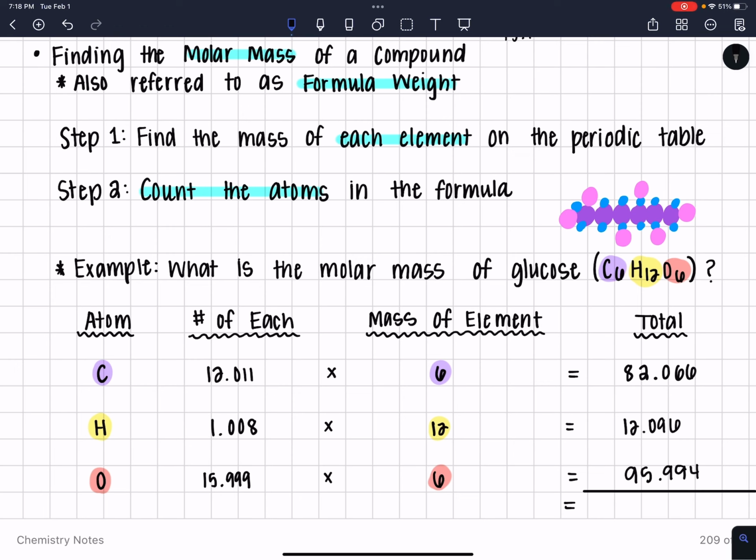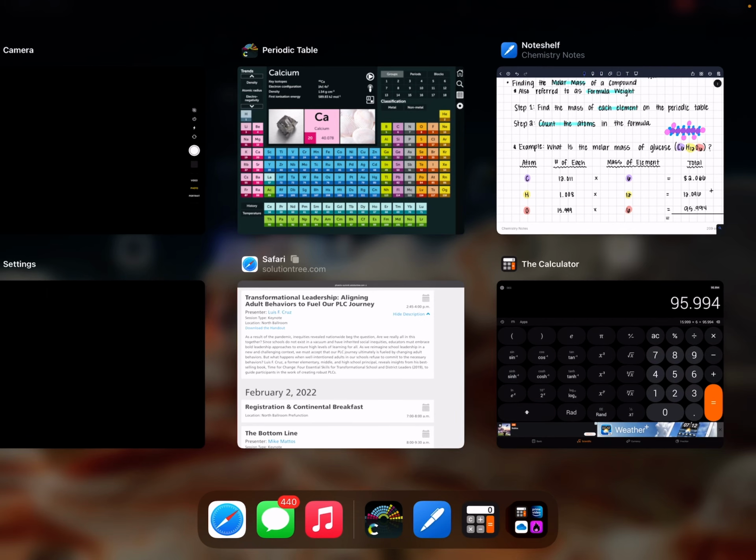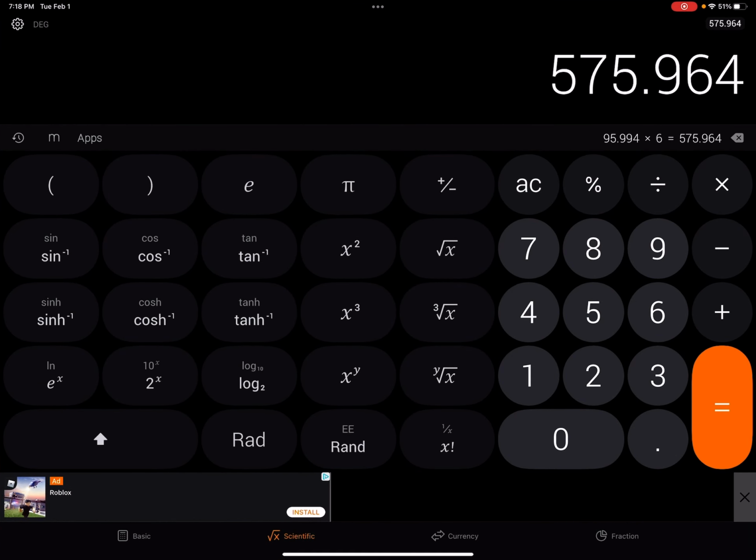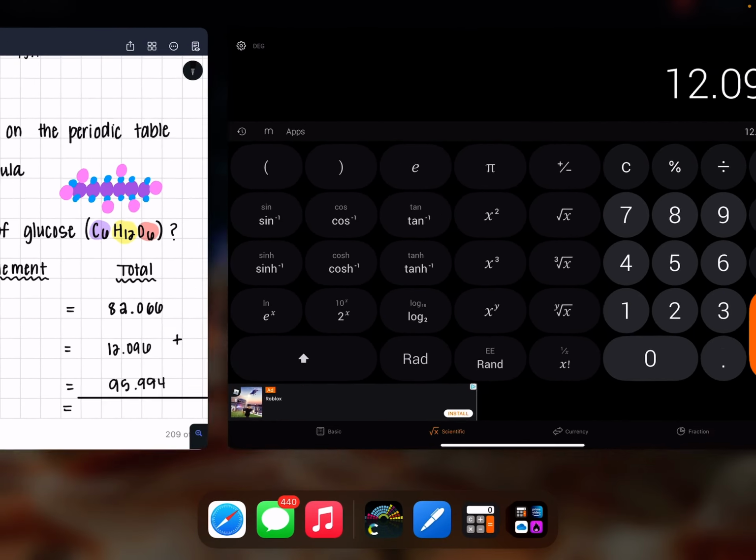And then to get the total molar mass of glucose, I'm just going to add all of these together. So 72.066 plus 12.096 plus 95.994. Okay, I think I can remember that. I forgot everything. 12.096, is that what it was? Yep, okay.